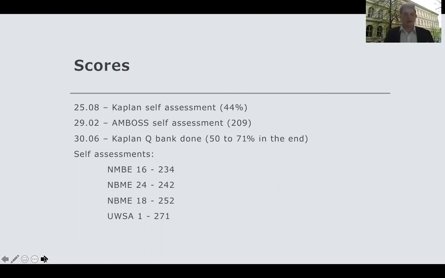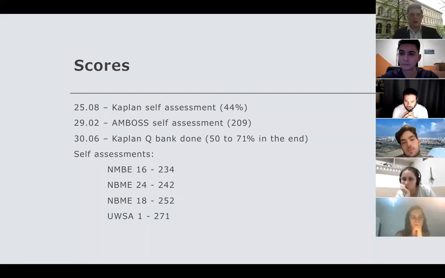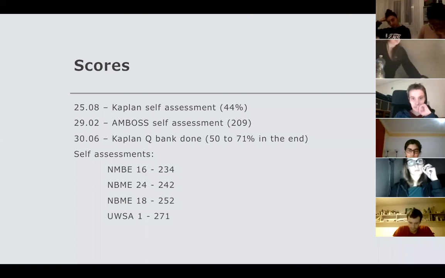If you start your actual dedicated time with 200, 210, that's fine. But you need to acknowledge that within 8 weeks, it's going to be very difficult to go from, let's say, 200 to 260. That's not realistic. So you have to be realistic in your approach. In my case, talking with my mentor, doing my research, I knew that I need a minimum of 240 for me to even have an interview.